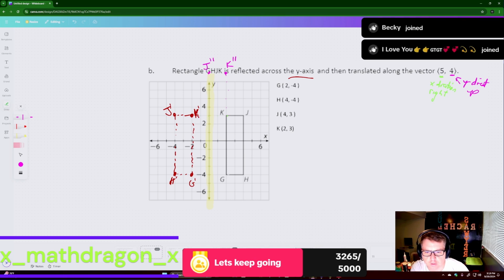This is G double prime. H double prime. And then this would be our new picture after the 2 transformations. So the first thing we did is flip it across the y-axis, and then we translated it with this vector 5, 4.